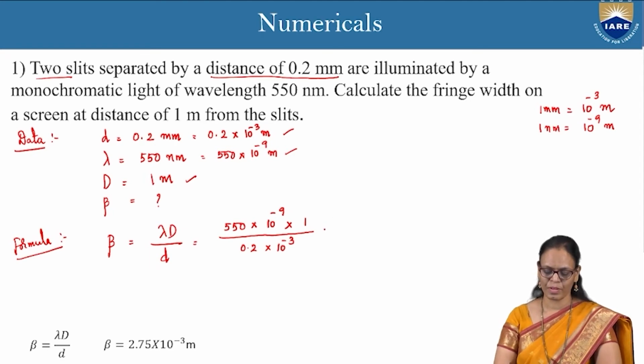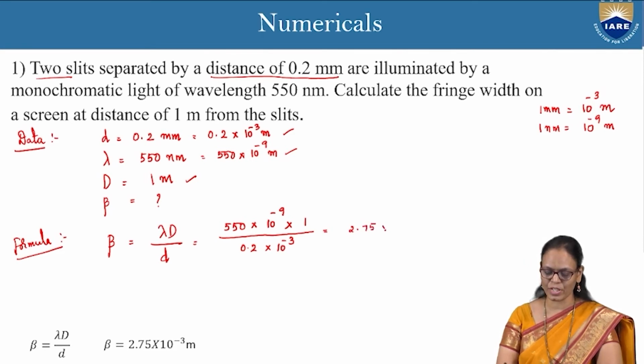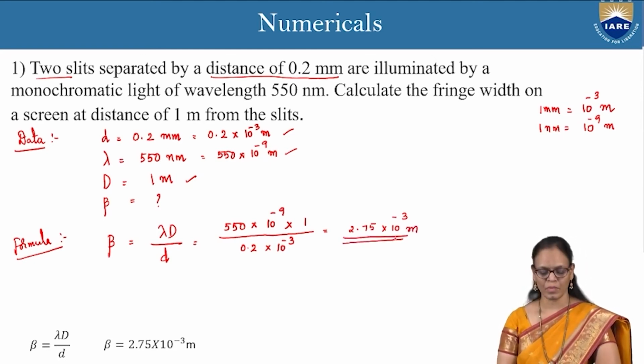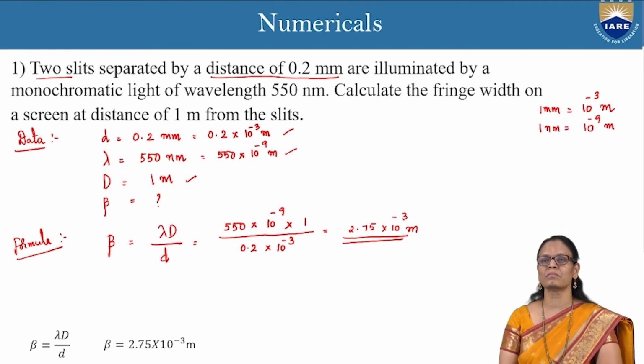What we get here is 2.75 into 10 power minus 3 meter. So the fringe width is 2.75 into 10 power minus 3 meter.